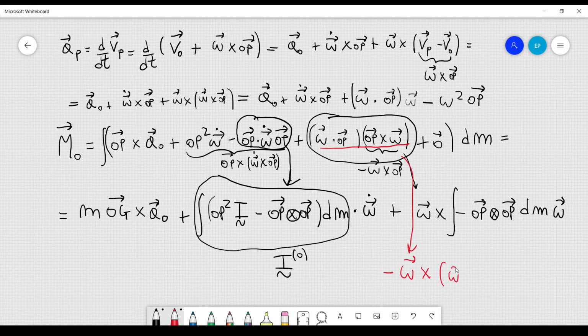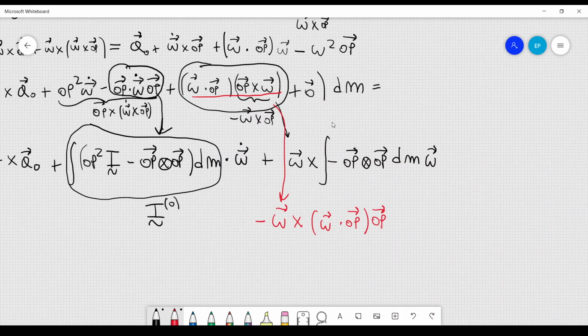So I have omega dot OP OP like this. And now, if I use index notation, I know that I can rewrite this as OP tensor OP applied to omega. So that's why I have a term like that, because remember that I also have to integrate over the mass.